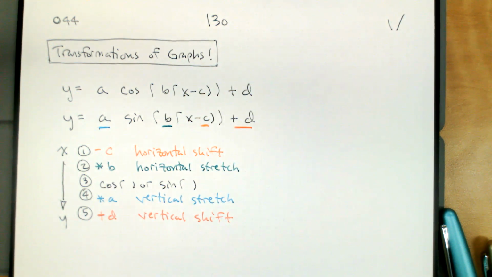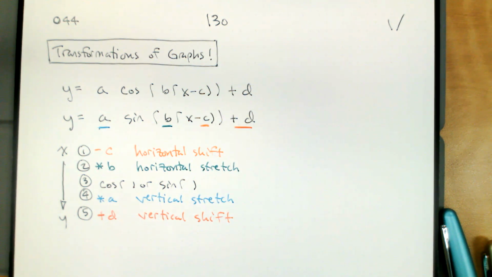Think about the basic function y equals sine of x or y equals cosine of x. The horizontal stuff, the stuff that happens before the trig function, are changes to the input before the trig function happens. Ultimately, the key thing that's going on here is sine or cosine. That's what's defining this function.